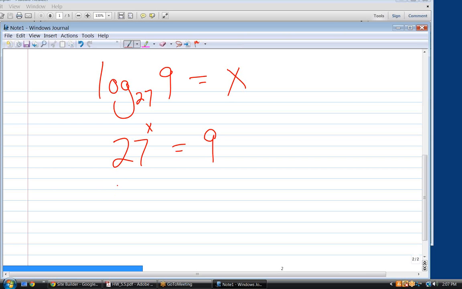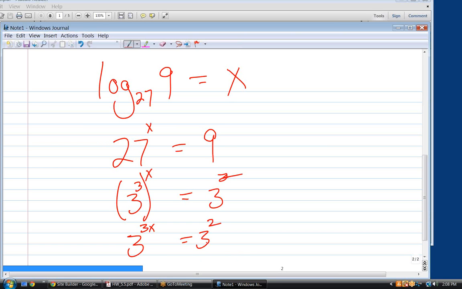By common exponential base, I mean I can write 27 as 3 cubed, and I can write 9 as 3 squared. Now, using my rules of exponents, I have 3 to the 3x equals 3 to the 2.